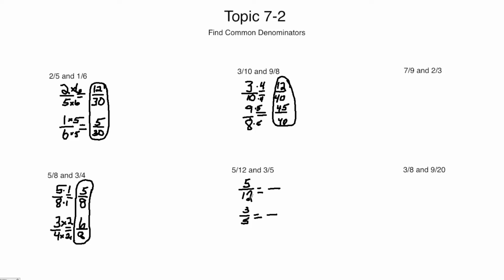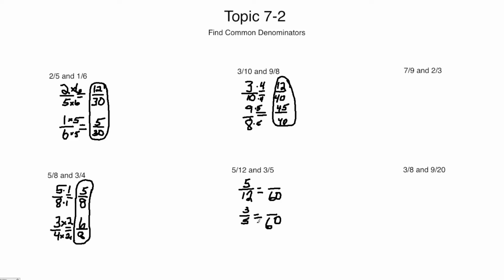Well, 5 can't go into 12. We go 24. 5 can't go into 24. 36. 5 can't go into 36. 48. 5 can't go into 48. 60. Well, 12 times 5 is 60, and that happens to be the least common denominator. The next one would be 120.